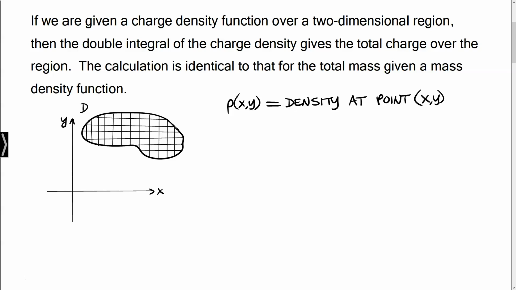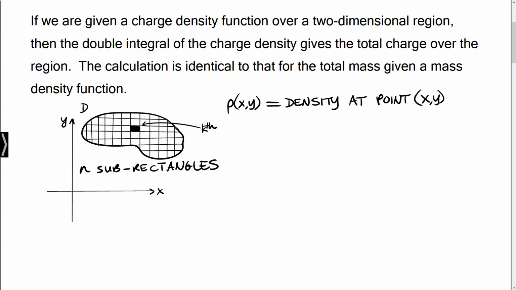Okay, so let's assume that we've subdivided this into n subrectangles. And let's say this is one of them, right here. What we want to do is approximate the total mass just inside that single subrectangle there. So let's say that this is the kth subrectangle.